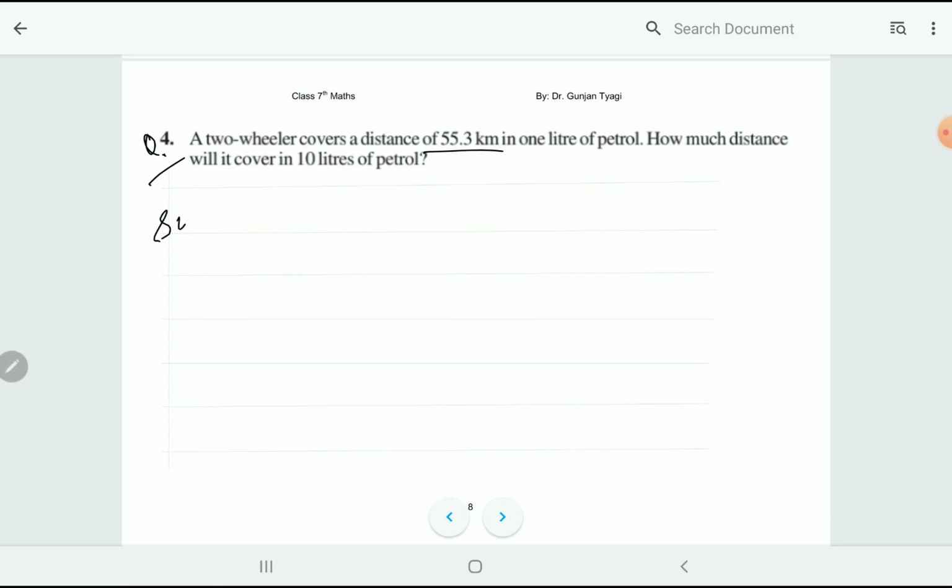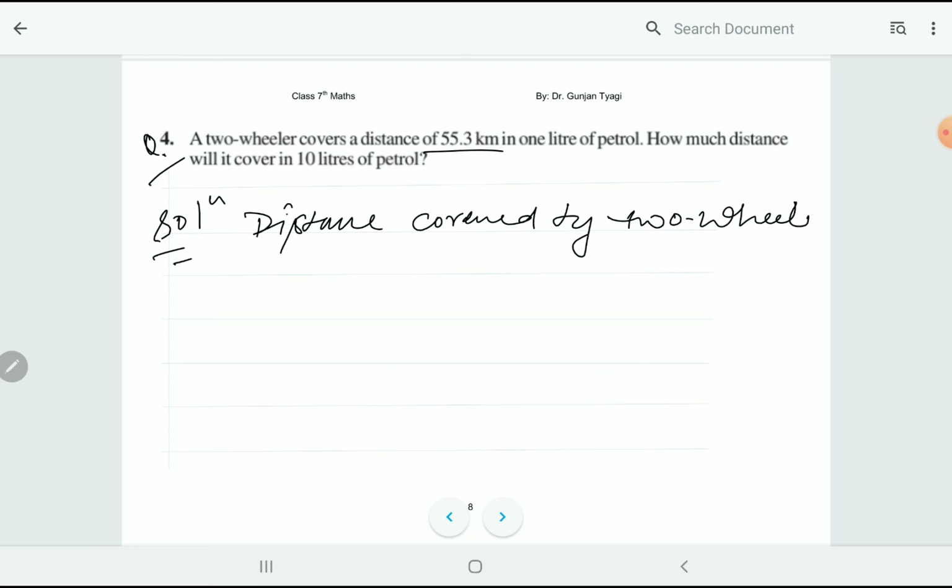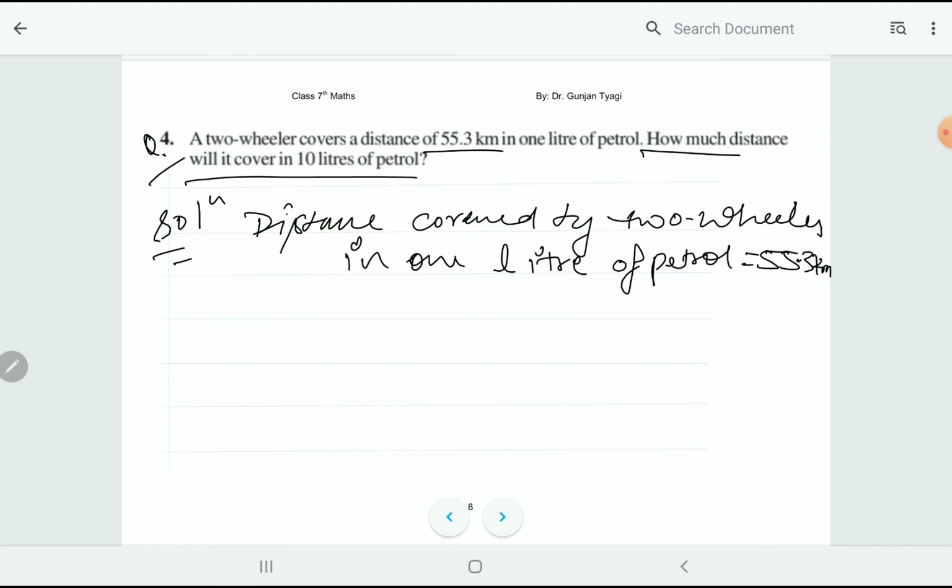So first of all I will note it down: distance covered by two-wheeler in 1 liter petrol. 1 liter of petrol is equal to 55.3 km. How much distance will it cover in 10 liters of petrol?